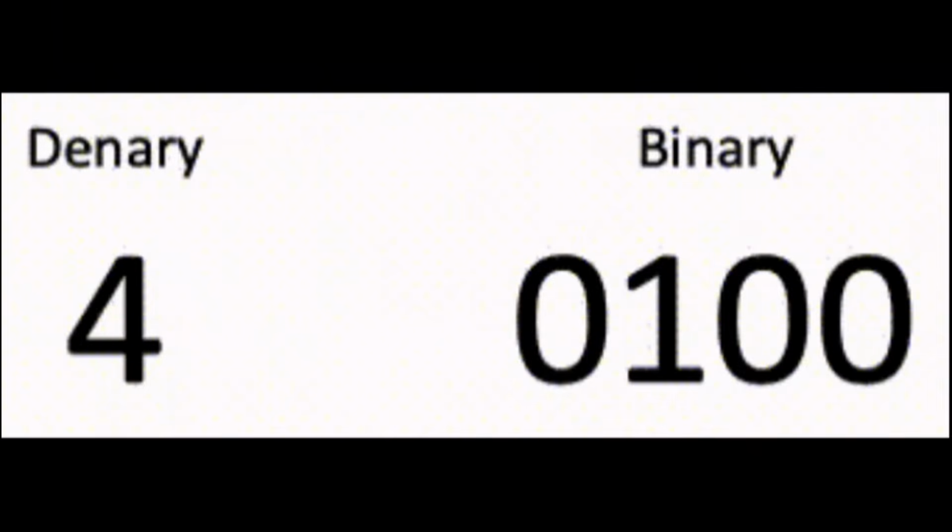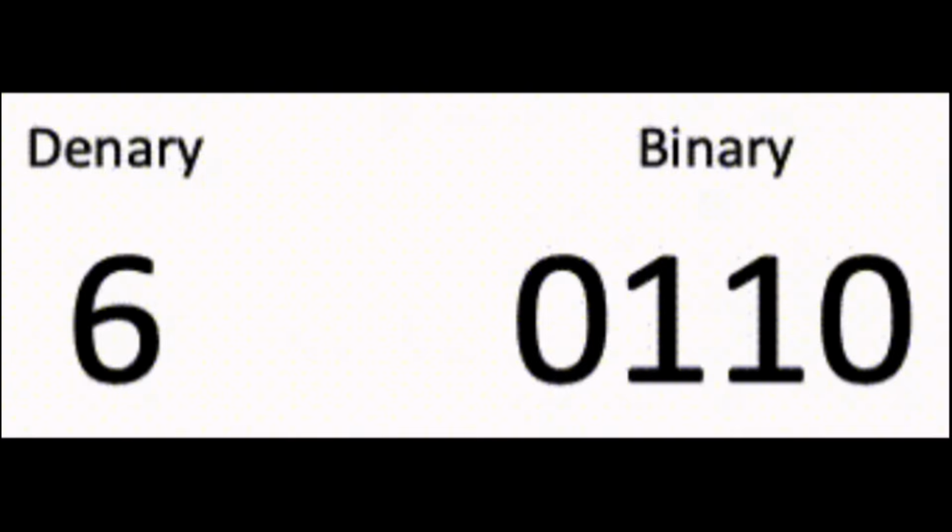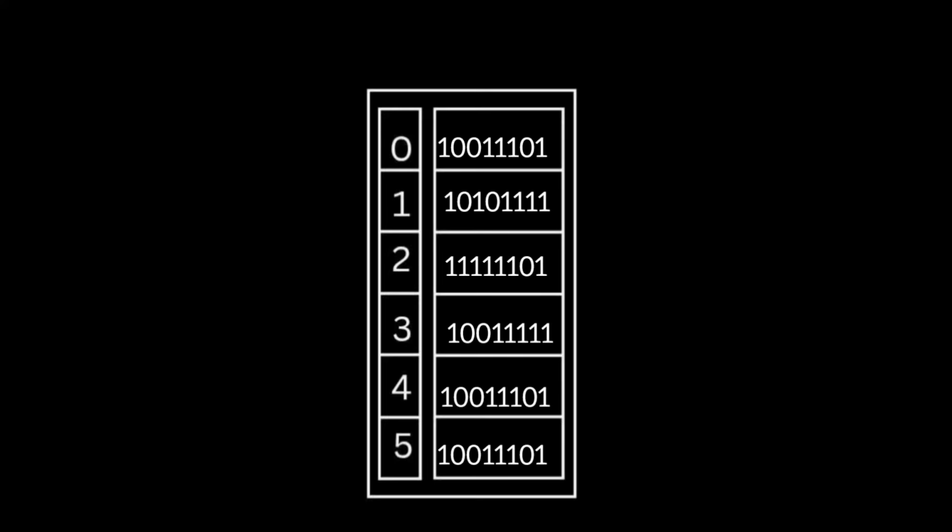These binary values represent numbers, so whether it's data, an instruction, or an address, to the computer, they're all just numbers. In memory, like flash or RAM, there are slots, and each slot contains a number that can represent either data or an instruction. Each slot is numbered, just like the rows and columns of a spreadsheet. This numbering is called an address, and it's how the CPU knows where to find or store information.